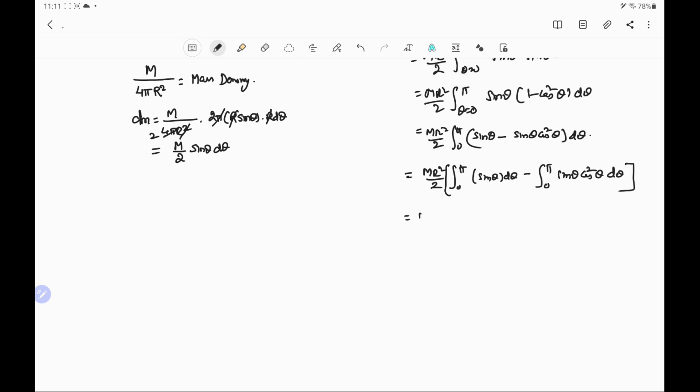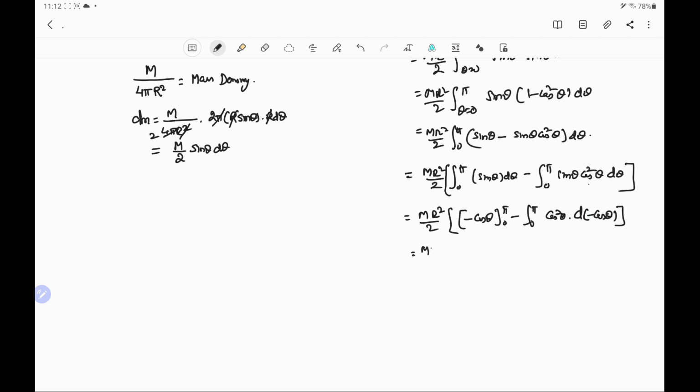Integral of sine theta we know is minus cos theta, and put the limit 0 to pi, minus integral 0 to pi. Sine theta can be written as, first we write this cos square theta, and then this can be written as minus cos theta, because differential of minus cos theta will give minus sine theta d theta, and minus minus will become plus.